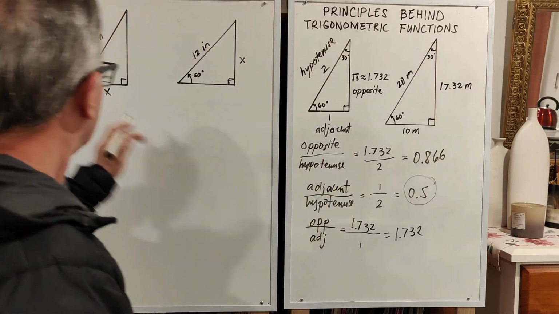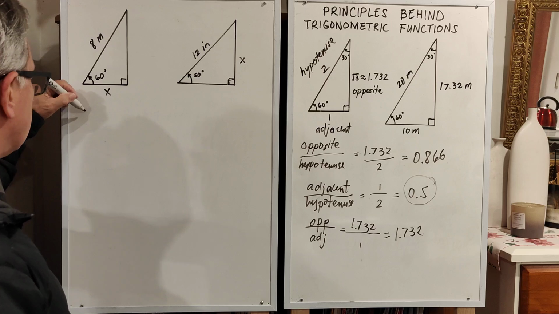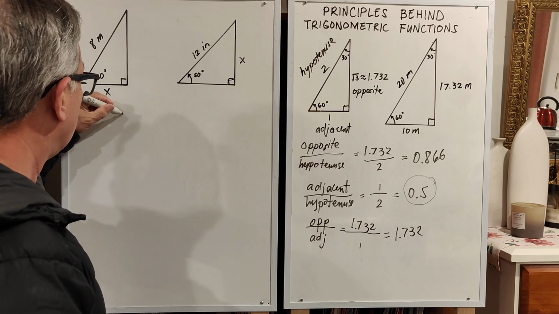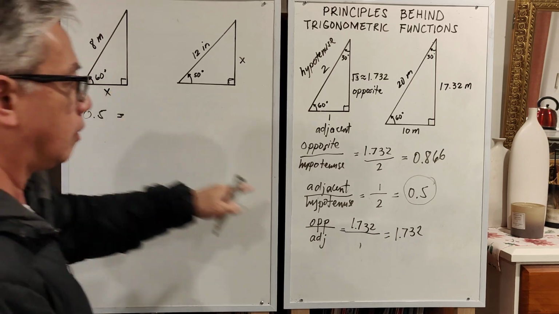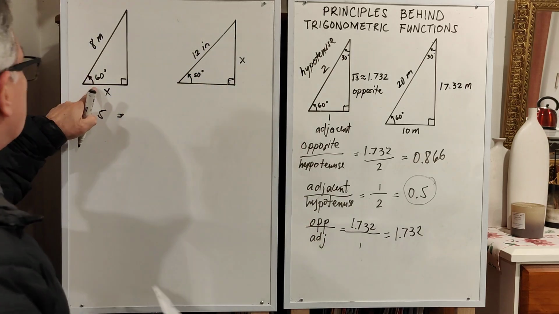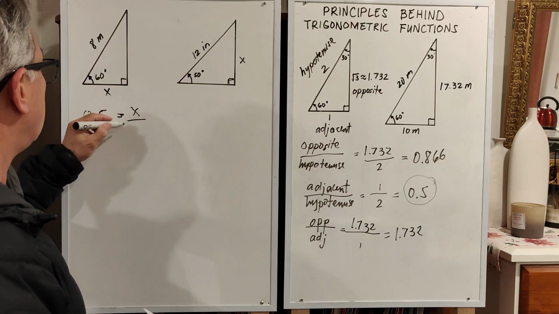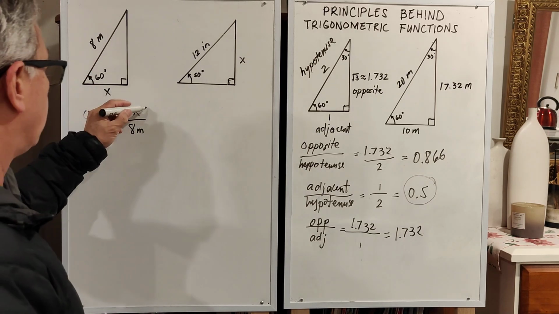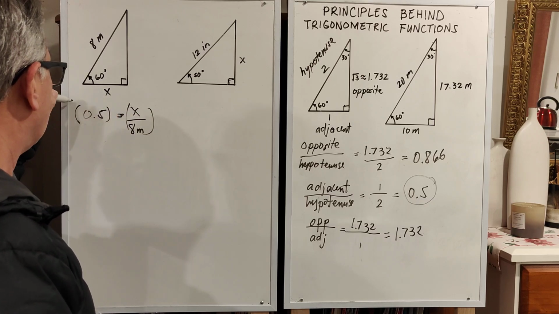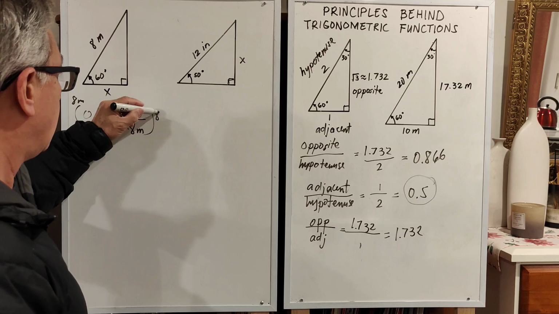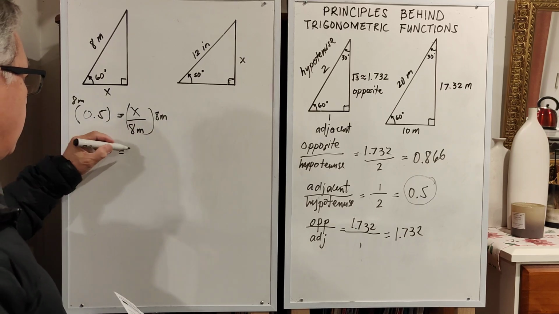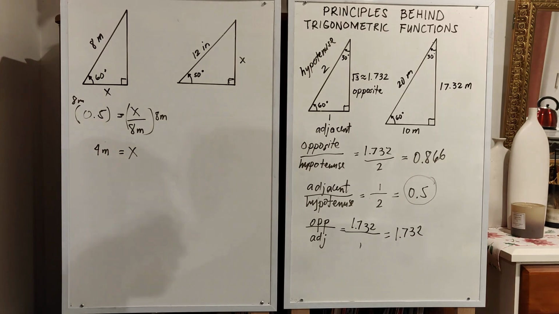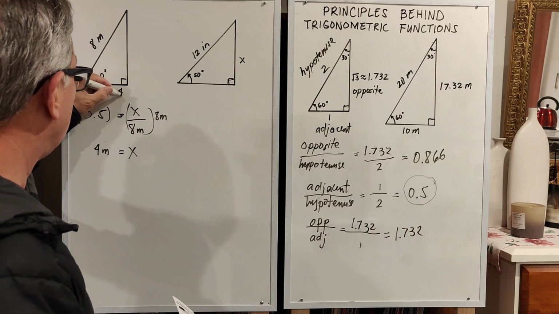So the adjacent over hypotenuse, 0.5, is equal to x over 8 meters hypotenuse. Solving for x, we multiply both sides by 8 meters, and we have x equal to 4 meters. So this will be 4 meters.